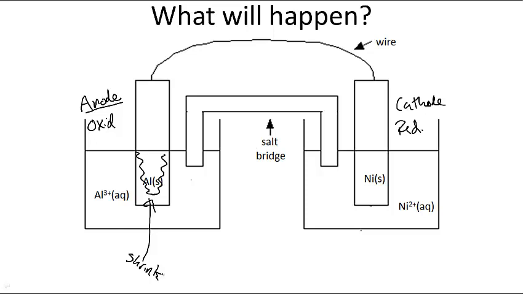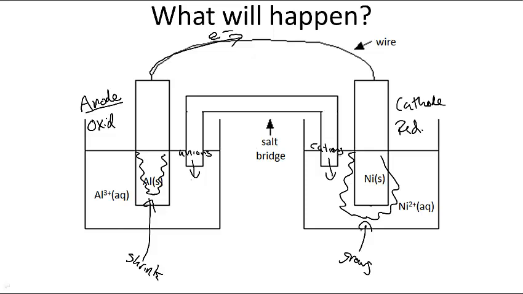This side grows. Which way do electrons flow? Electrons flow this way. And so we're going to have anions flow down here, and cations flow down here. Of course, you won't be able to see this. All you'll be able to see is the aluminum eroding and the nickel growing in size.